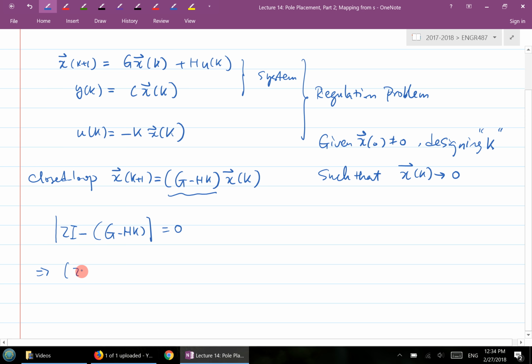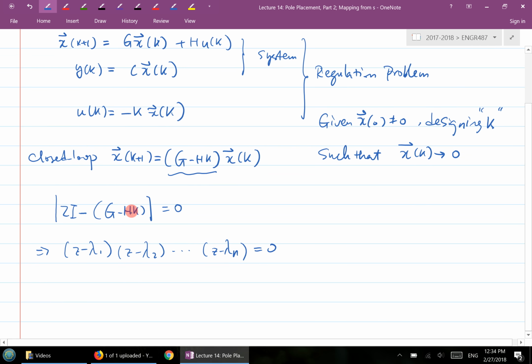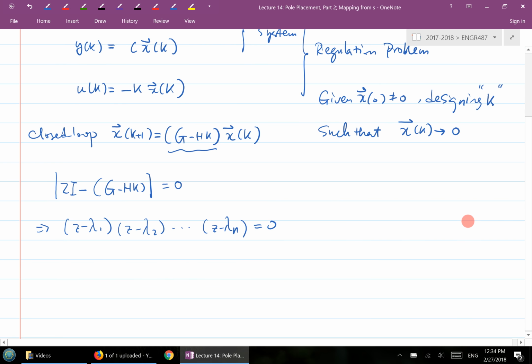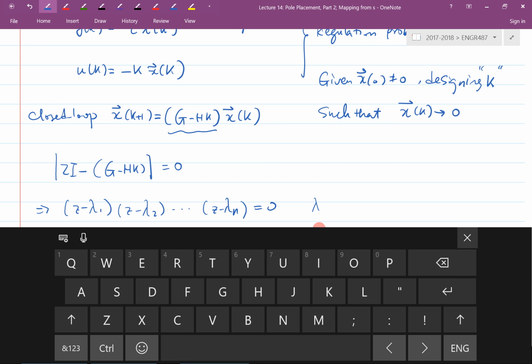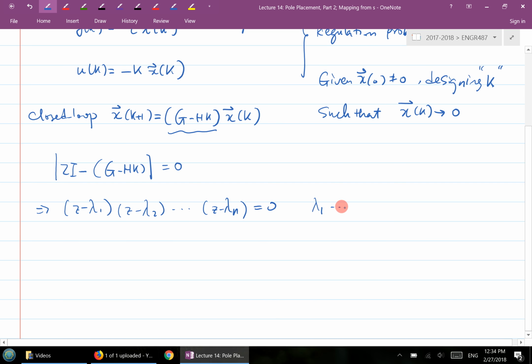Depending on what types of eigenvalues this matrix has, but let's just say we have n distinct eigenvalues. For this particular determinant, you can write it as a multiplication of different factors, each one containing an eigenvalue, lambda 1 up to lambda n.